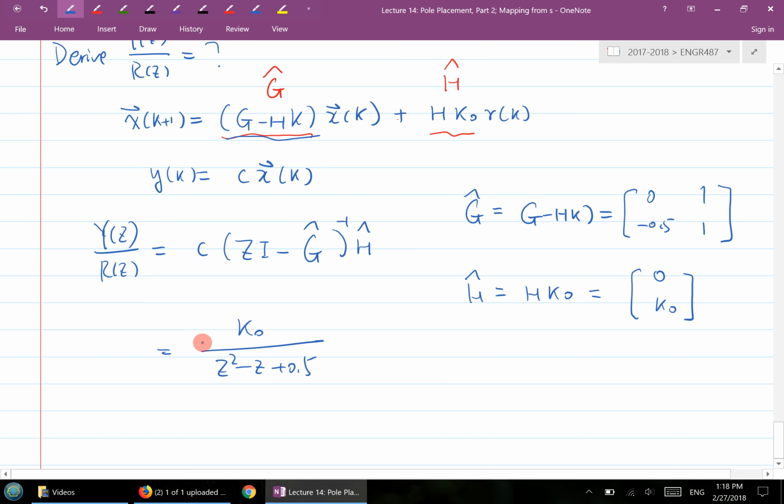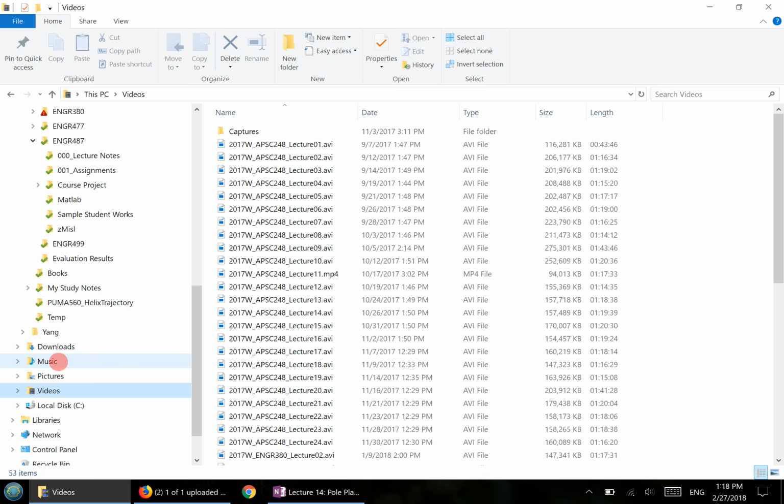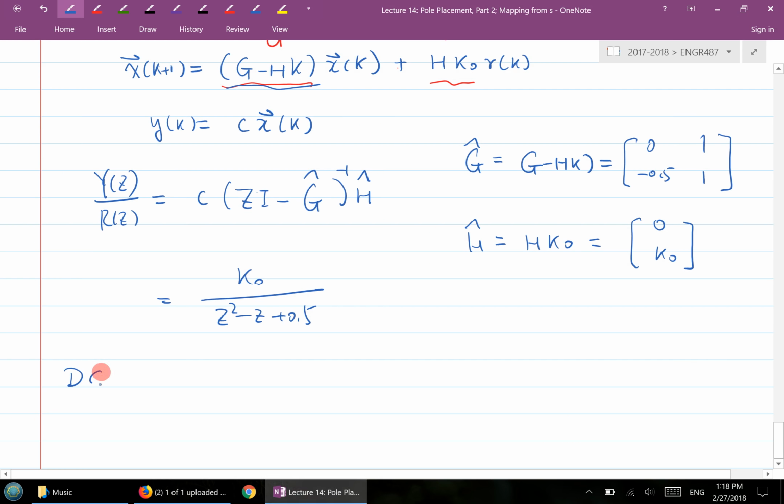And DC gain, if you recall, the definition of DC gain of the system: here is the pulse transfer function, and all you need to do is set z to be 1. Set it to be 1 here, and that gives us K naught divided by 0.5.